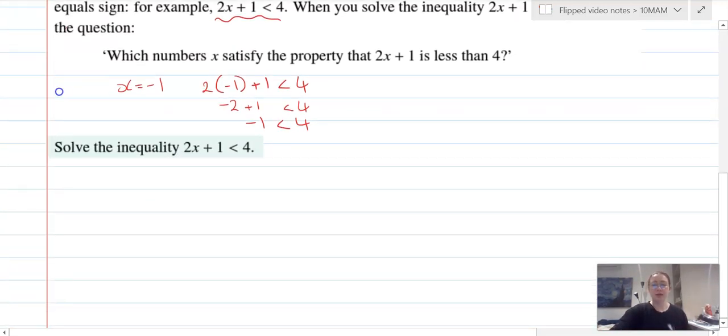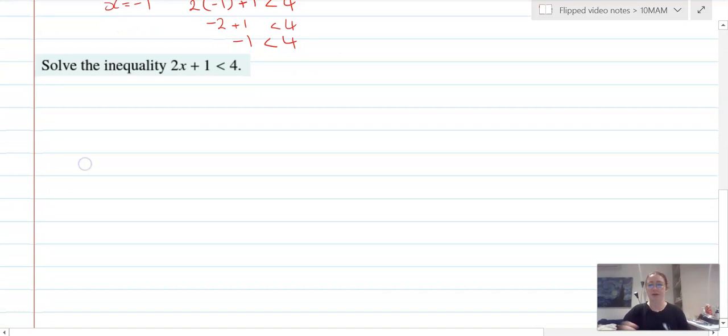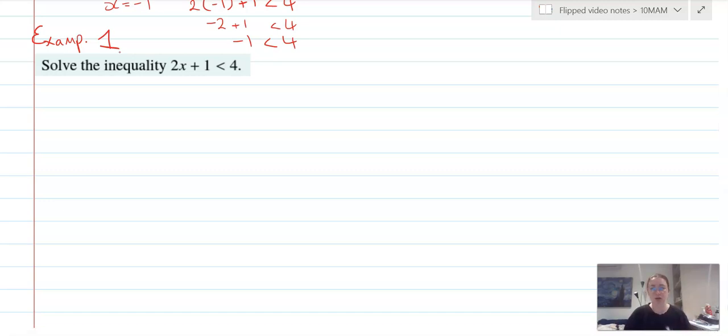The way we're going to do this, in our first example, is to solve the inequality 2x plus 1 is less than 4. You're basically going to treat that inequality sign as if it's an equals sign. 99% of the time, you're treating it just like an equals sign and rearranging your equation.